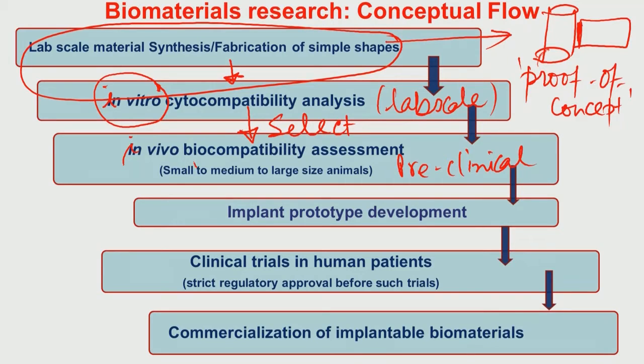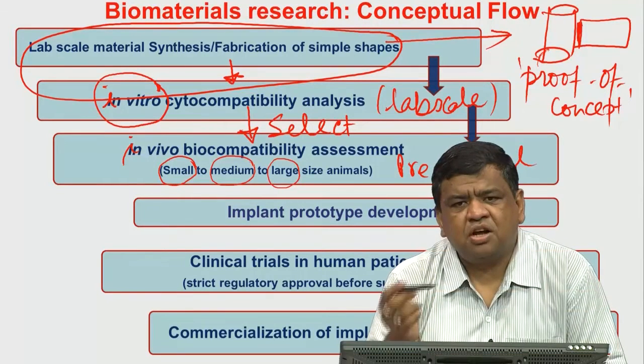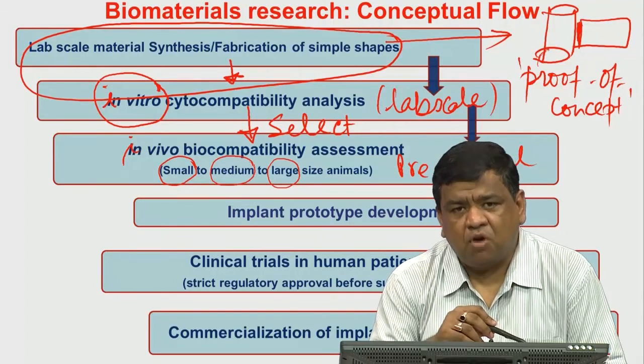Now, the rationale of doing this preclinical study I have mentioned before. One is to start with a small animal model, then go to medium and large animal models to validate the biocompatibility results obtained with the small animal model.